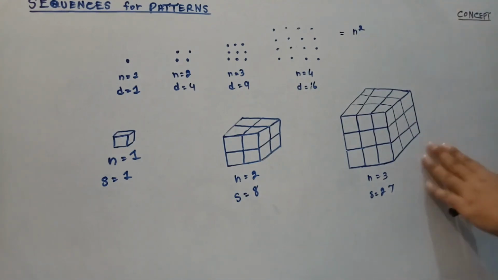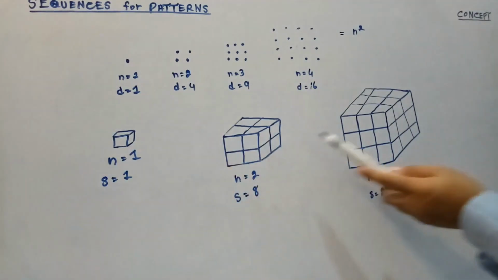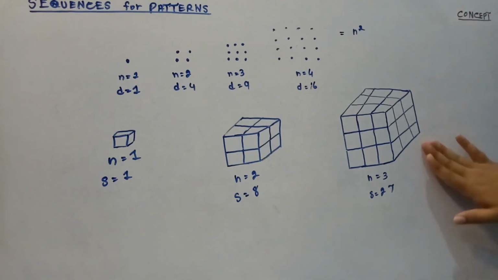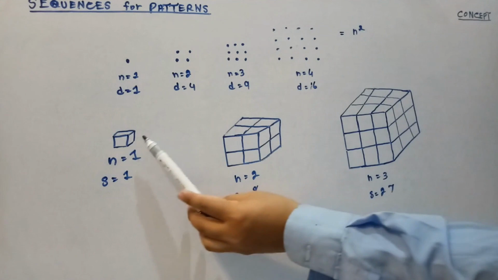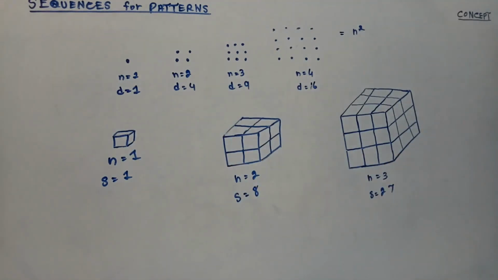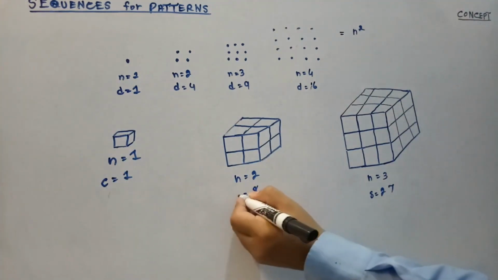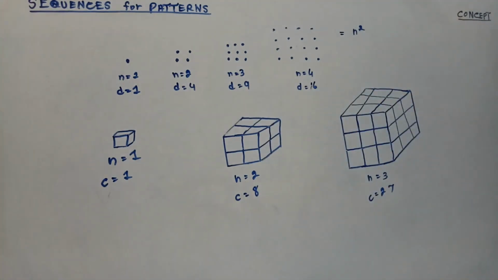Okay, and here, if I just count the number of boxes in the patterns, now this is the type of volume, because here we have only one square. Actually it is not a square, it is a cube. Here we have only one cube in the first pattern.